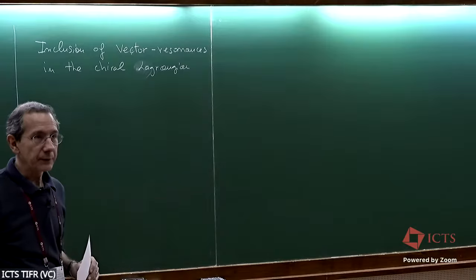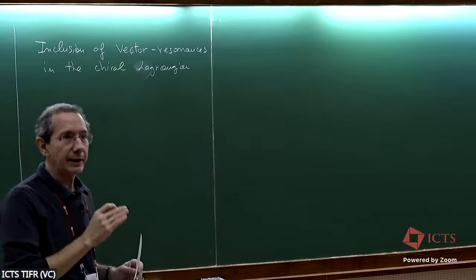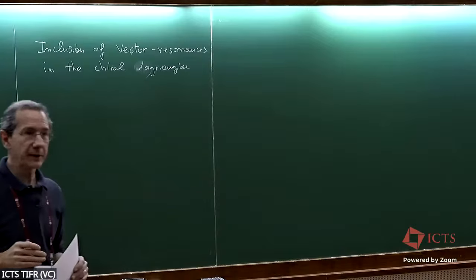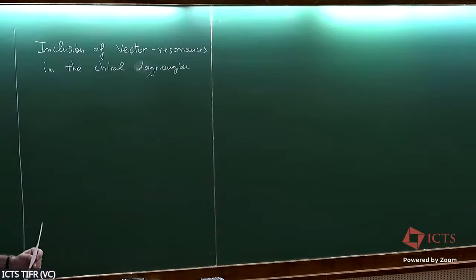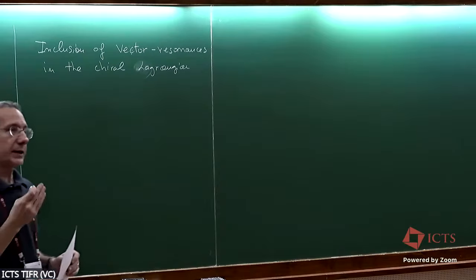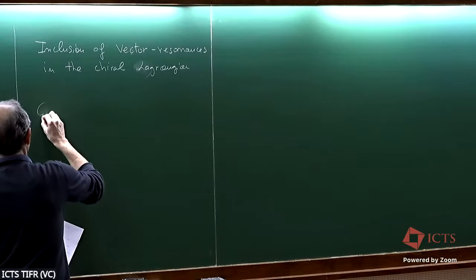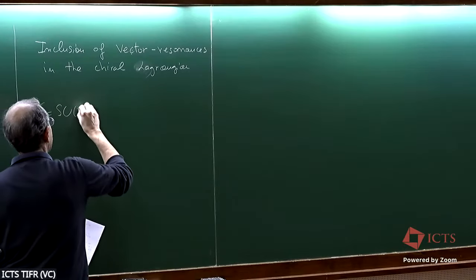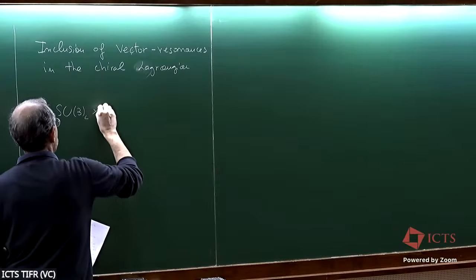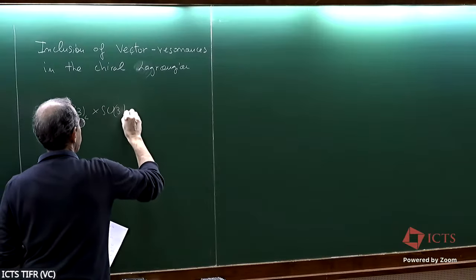So how to do that? Again, it is exactly like what was discussed by David Kaplan about the inclusion of baryons. The only thing I know about the resonances is their transformation property under my unbroken subgroup. Remember, G is my chiral group. Now I stick to 3 flavors.